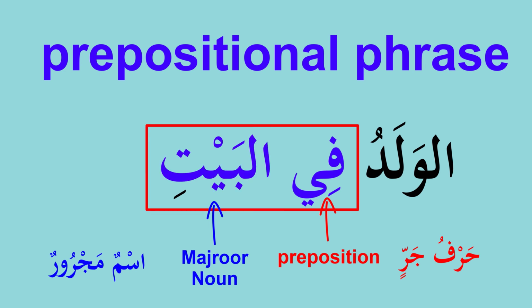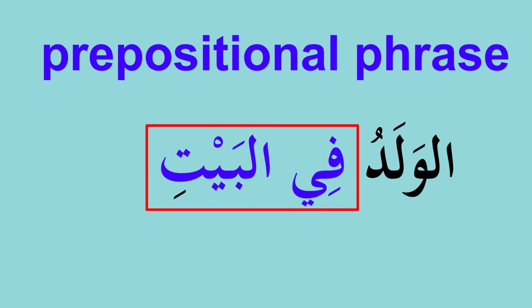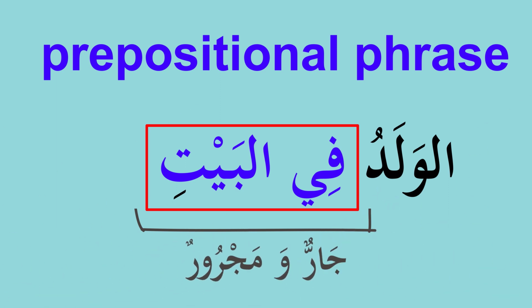So here we have fi as a harf jar followed by ism majroor. Are you with me? This is ism majroor. Together we call it jarun wa majroorun. What is the meaning of jarun wa majroorun? It means there is a harf jar followed by ism majroor.